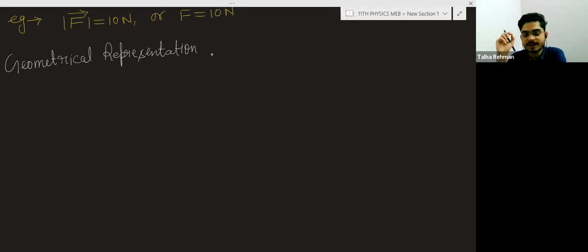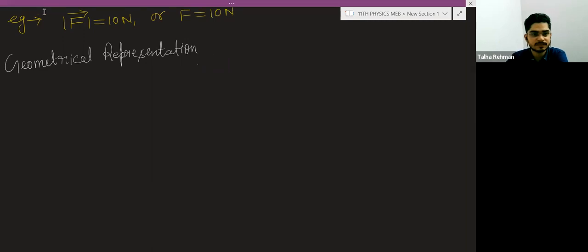So the basic fundamentals of the vector you should know. So the geometrical representation of the vector is like this.